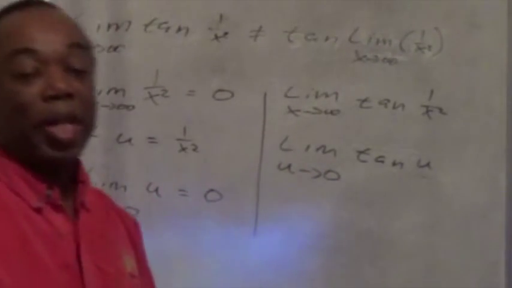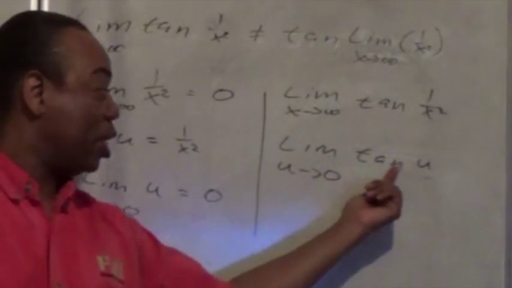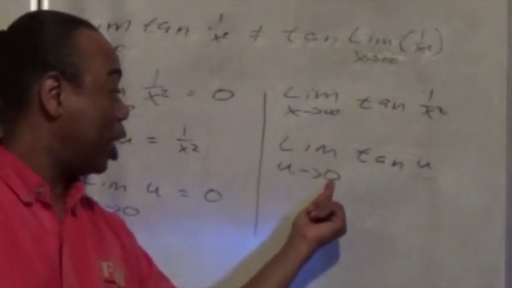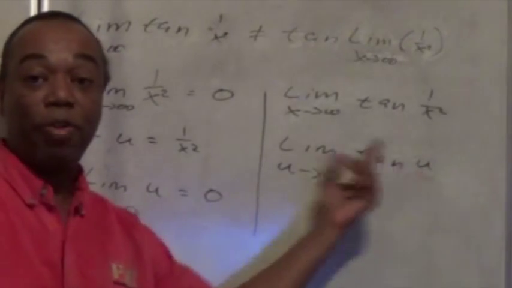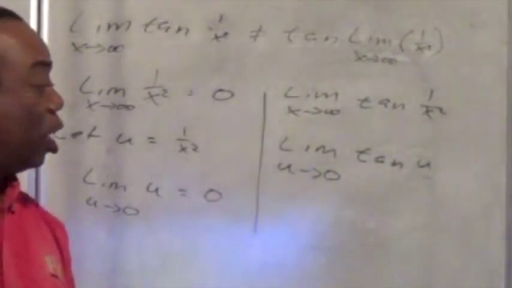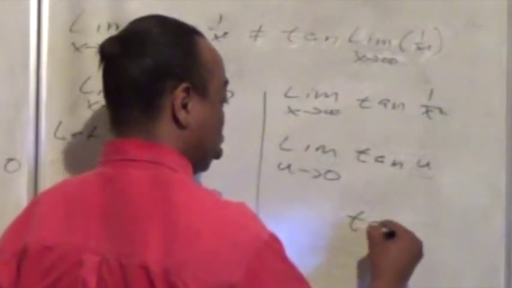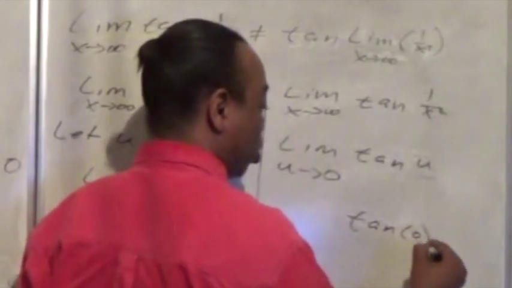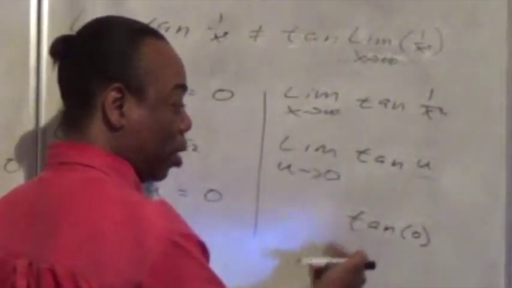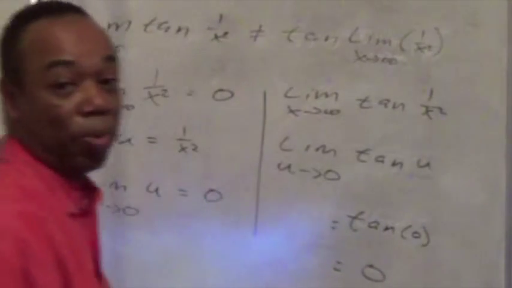And there is a property that says if this is in the domain of the function, you may replace this into the function here for a value. And 0 is in the domain of the tangent function. So this becomes tangent of 0. And now we use this property to finally solve that tangent of 0 will be 0.